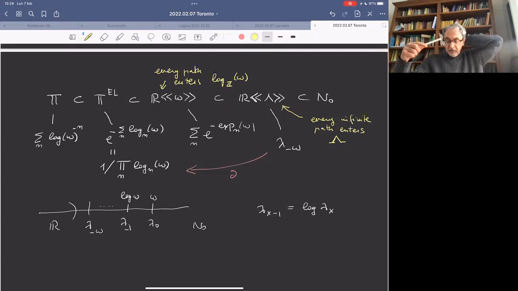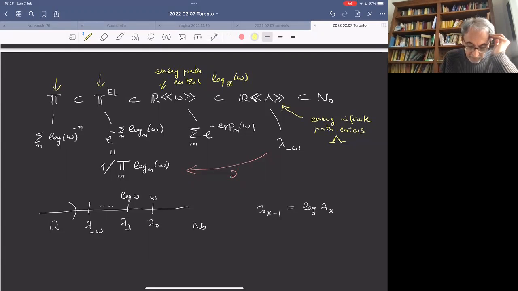But of course, if it enters exp of omega, it will also enter omega at the next step, and at the next step, it will enter log of omega. So I could put the natural numbers instead of the integers equivalently. While here and here, there are some restrictions that I explained last time.